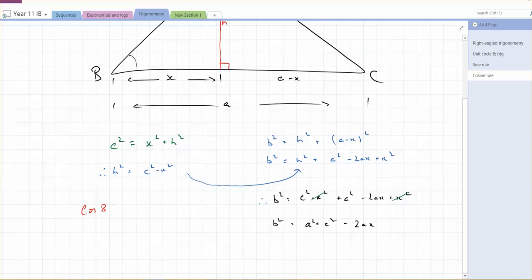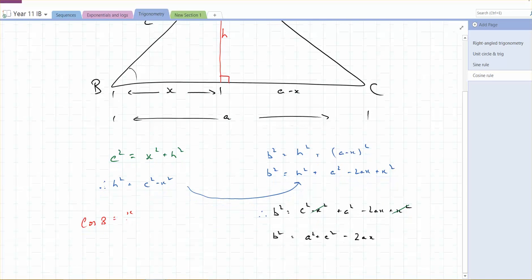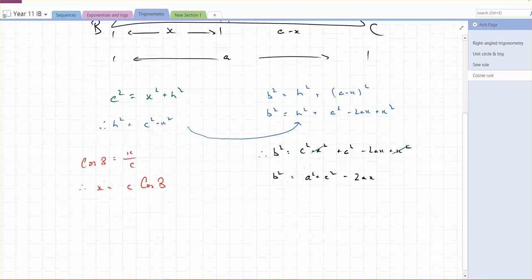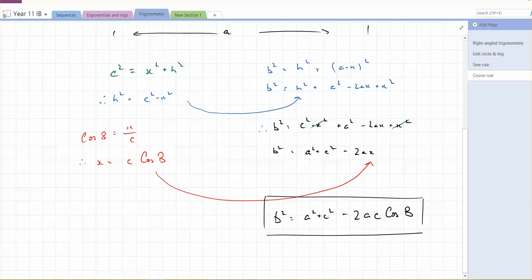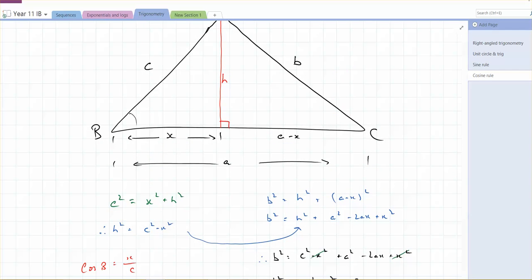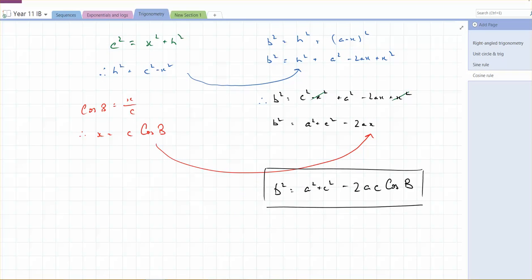Cos B equals x over c, so x is equal to c cos B. Wow, if we can then put that in there, now we've got b squared equals a squared plus c squared minus 2ac cos B. Now we've got a result in just a's, b's, c's. No h's and no x's. And that looks really good.